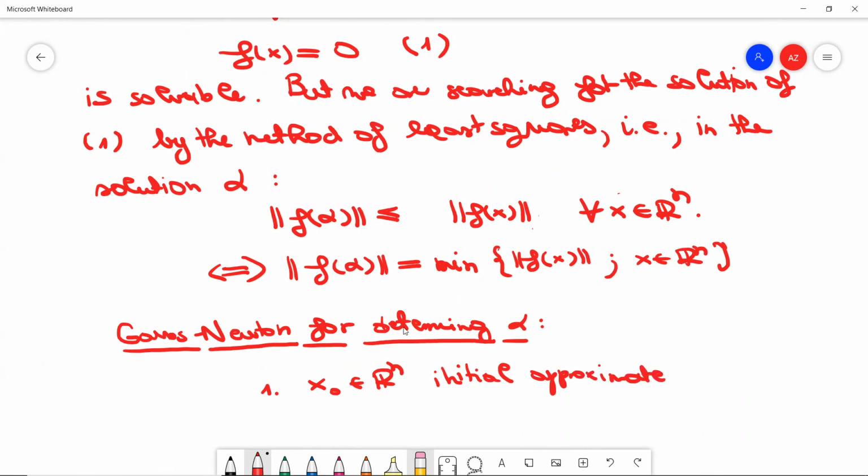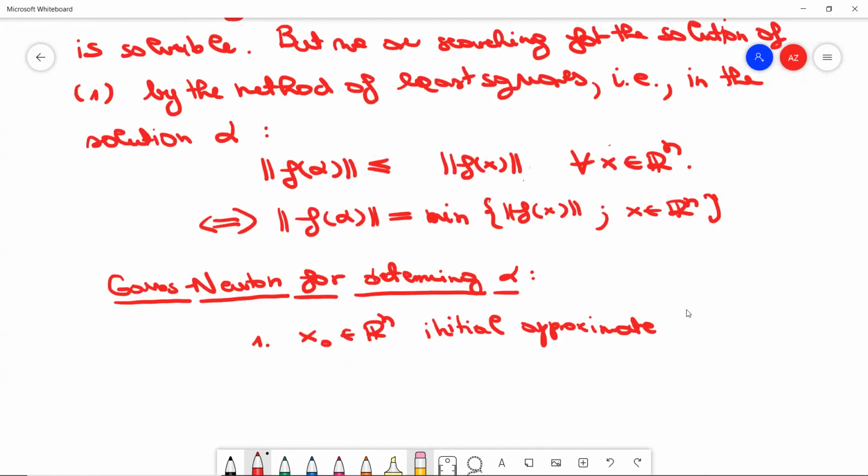Then we improve this initial approximation in almost the same way as for Newton's method. The next approximation is the previous approximation minus the Jacobian matrix of f calculated at the previous approximation. In Newton's method, we took the inverse, but here we cannot take the inverse since this is a rectangular matrix.